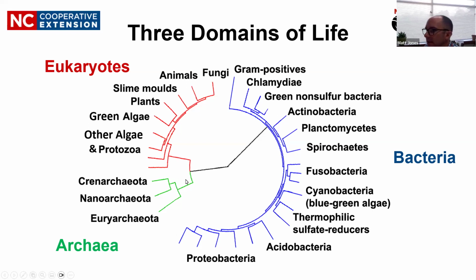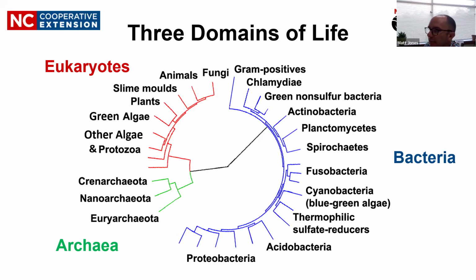Even though they look like bacteria, we shared a more recent common ancestor with these archaea than we did with bacteria. Some of these include the extremophiles, the organisms that thrive in really harsh conditions, like a highly acidic, very hot pool in Yellowstone.